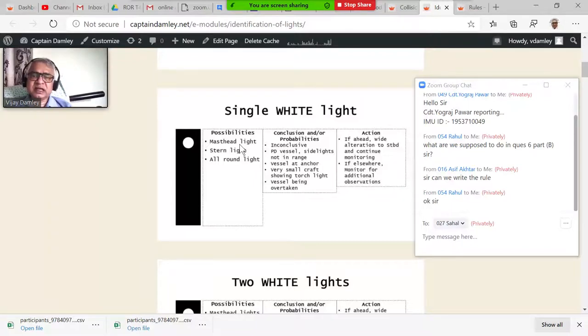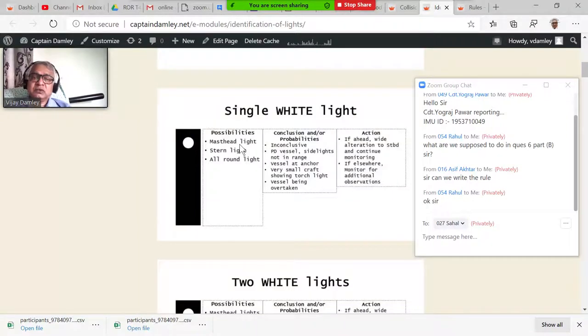Because I see white light and only white light can be stern light, because I cannot see side lights or masthead light with it. And it is possible it can be an all-round light, like an anchor light. A ship of 50 meters will show one light, anchor light. So it can be a ship at anchor. Possible. So there are three combinations I am putting here.